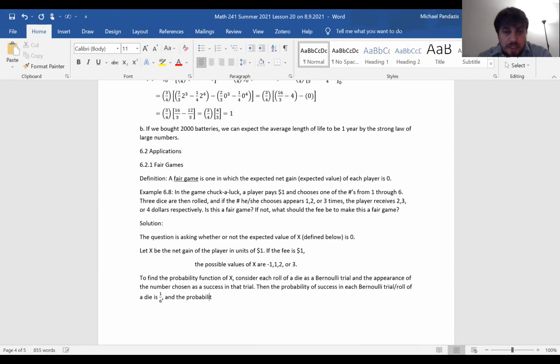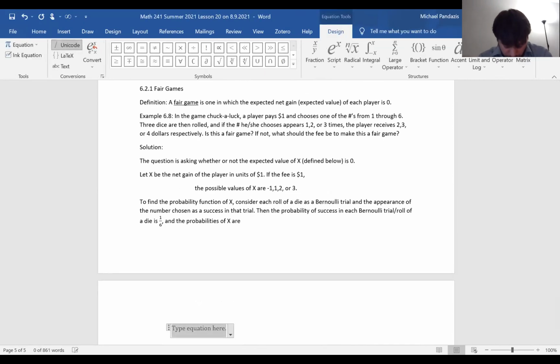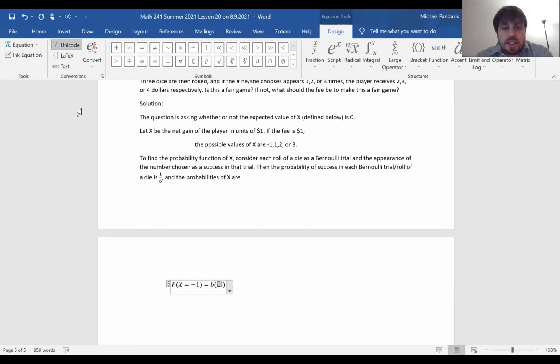And the probabilities of capital X are, well, the probability that X equals -1, that your net gain is -1, is equal to the value of the binomial probability function b(0; 3, 1/6).